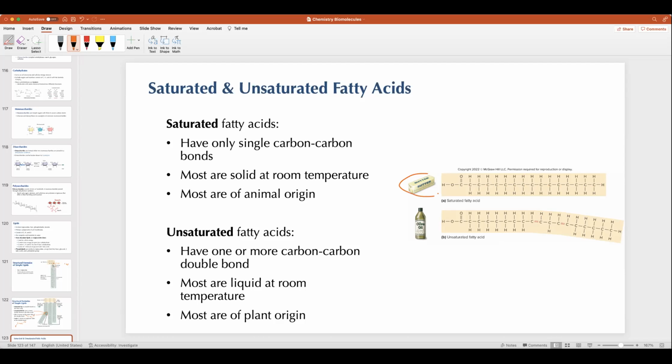Unsaturated fats, this one we would say has two double bonds, so it would be polyunsaturated, okay? So they show olive oil here. This is actually incorrect because olive oil is actually a monounsaturated fat, but you get the gist of it. So these unsaturated fats have at least one double bond. They tend to be liquids at room temperature and more often plant in origin, okay?